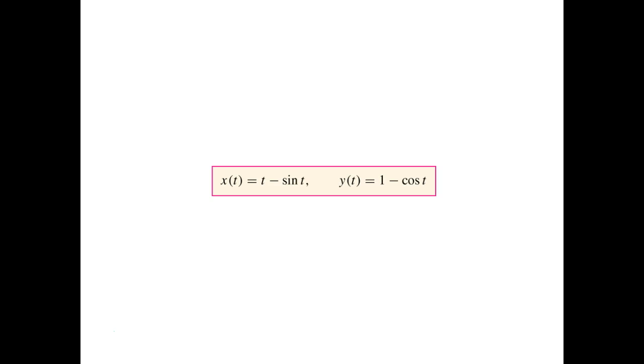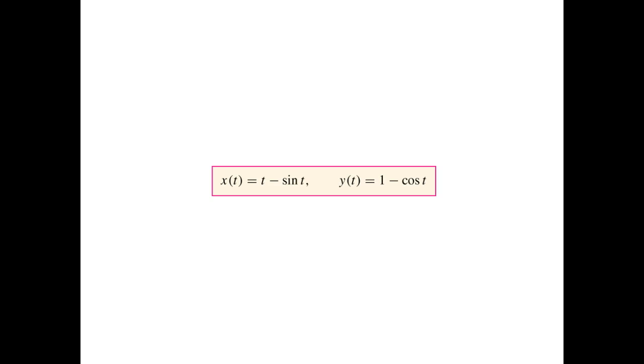And then when t is 2 pi, this will be 2 pi minus sine of 2 pi, which is 0, so that fits. So those 2 points fit. Let's do the one in between, at pi. Pi minus 1? Pi is 3.14, so this should be 2.14, somewhere there. Is that right?